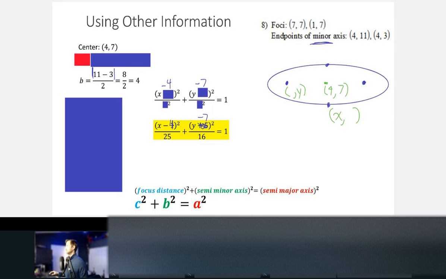Okay. So that distance, from the center to one of your vertices, this is your b value, and we found it to be 4. And we know that in the y direction, this is going to be your b value, and in the x direction, this is going to be the a value, right?